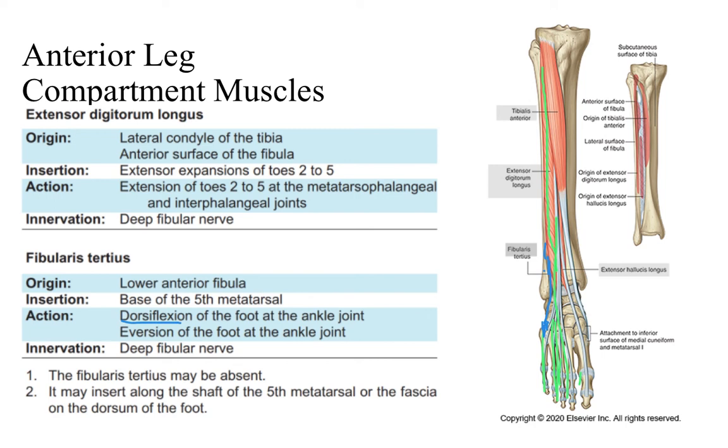So, moving our entire foot up at the ankle joint, and eversion of the foot at the ankle joint. So it's going to cause our foot to move outward. All right, and again, like we've talked about, it's innervated by the deep fibular nerve. This is another one of those muscles, like the plantaris, which may be absent in some people.